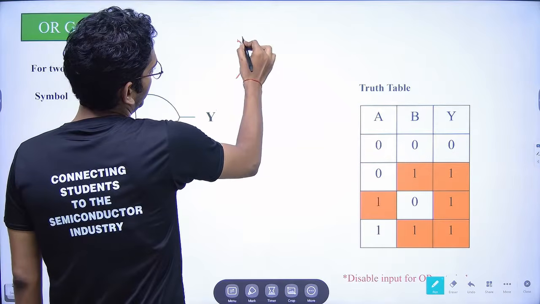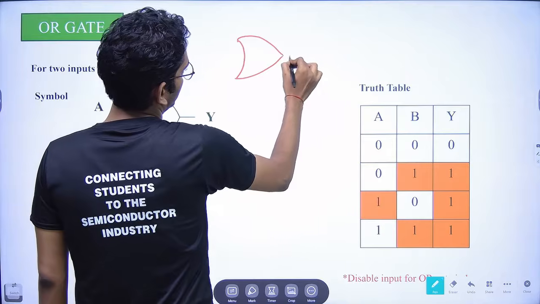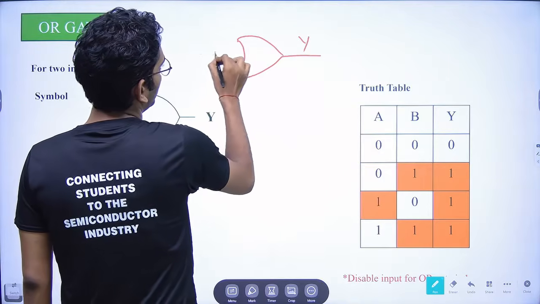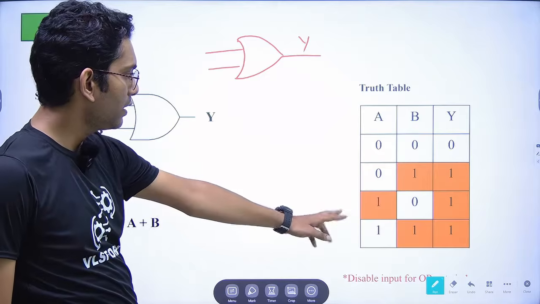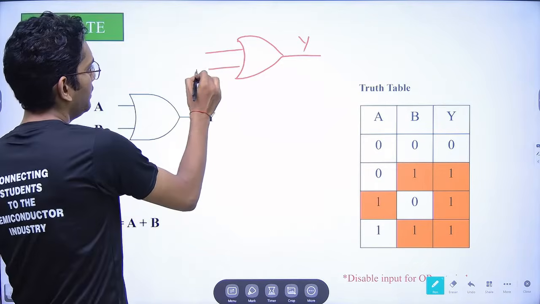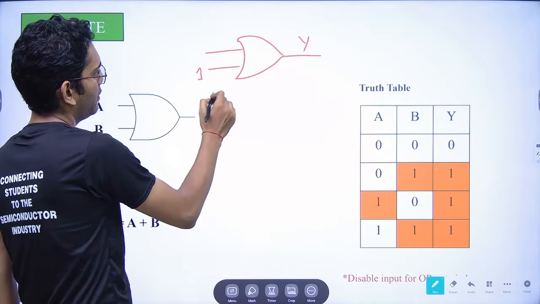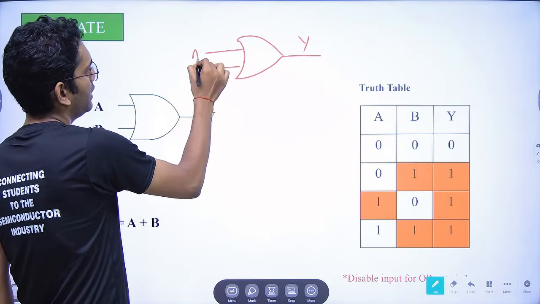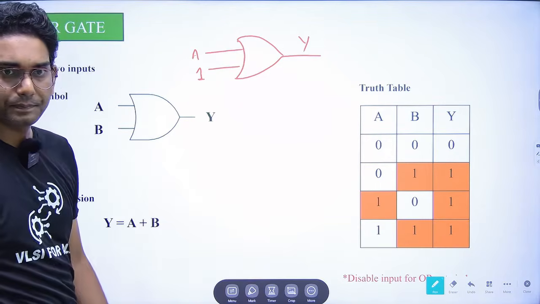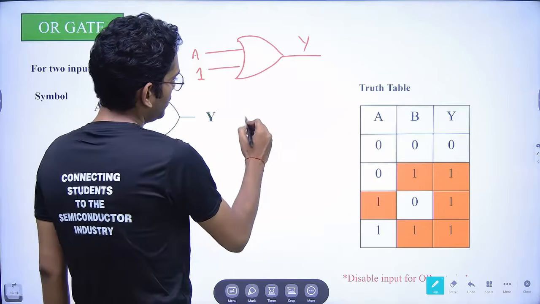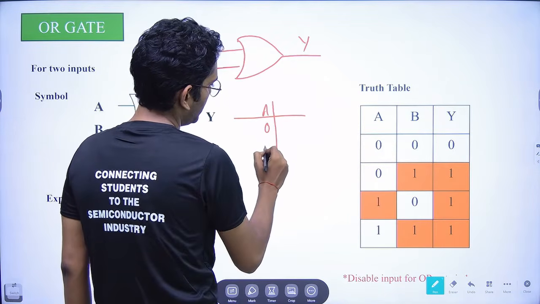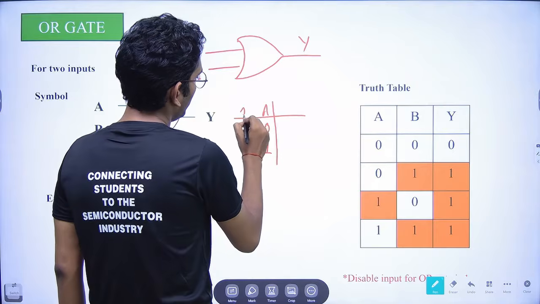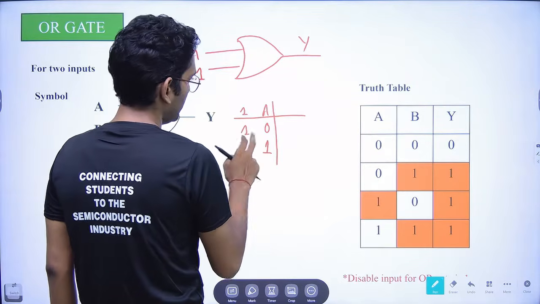If we take any OR gate, this is the Y output and there are two inputs, and I have told you that the disable input for the OR gate is 1. So if on any one input I am giving 1 and I am taking any other input on the other terminal. Fine. Now let us draw the truth table for this. So for A, there would be two combinations, 0 and 1, and for the other input, obviously it would be 1.